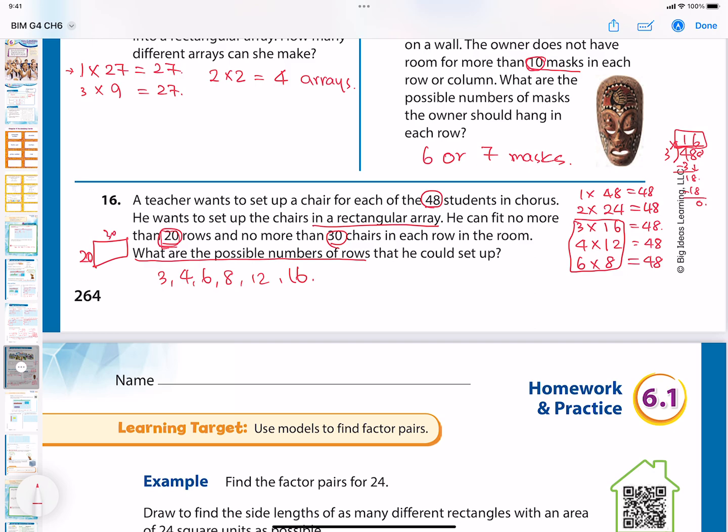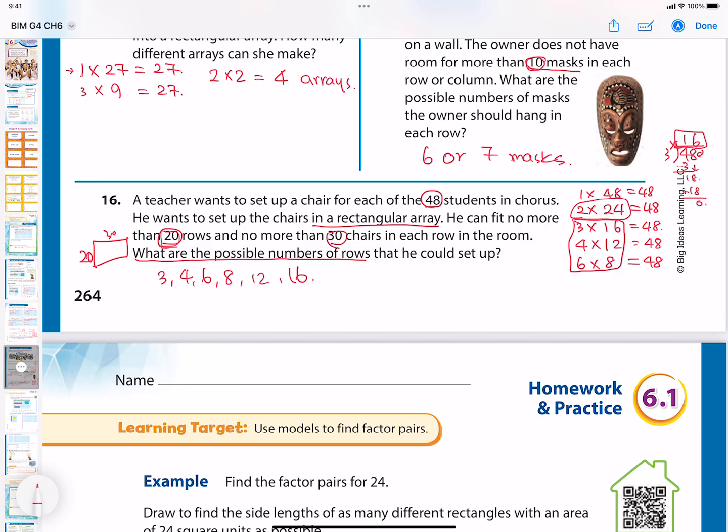What are the possible numbers of rows that he could set up? No more than 20 rows, no more than 30 chairs in each row. I'm sorry, my bad. What about 2 times 24? That's 2 rows of 24 chairs, right?